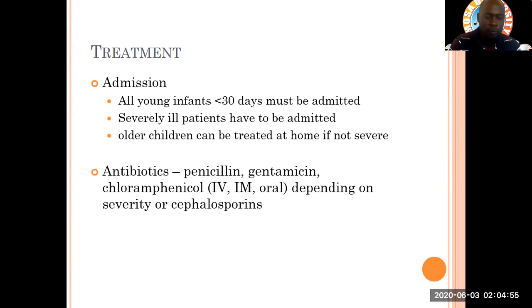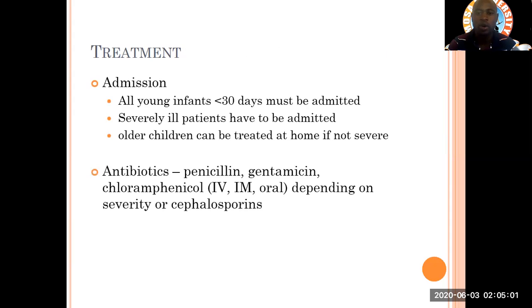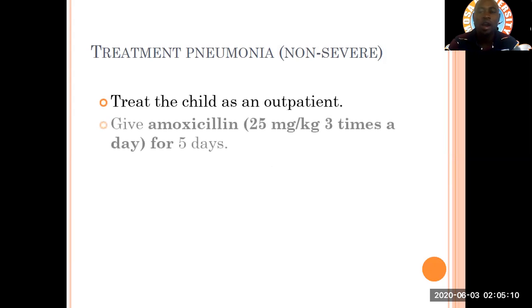When you go to the medical treatment, there are antibiotics. We'll give them penicillin, gentamicin. Also, we can add chloramphenicol, IM or IV, depending on the severity. Let us look at the treatment of pneumonia which is non-severe. You treat the child as an outpatient, which means when they just come, we give medication and they are treated at home.